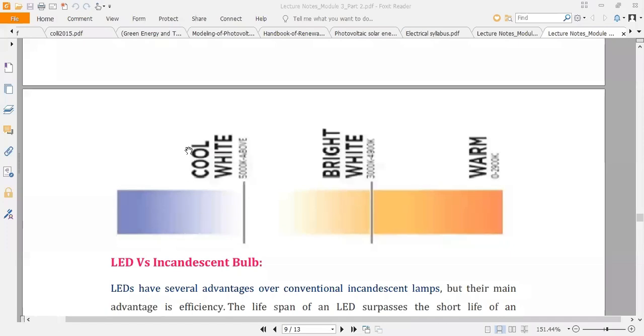And if the temperature increases above 5000 Kelvin, then the color will be some cool white. Okay. So the color which emits from the LED light depends upon the temperature. So what is the range of the temperature? Based on that, the color may vary. Okay.